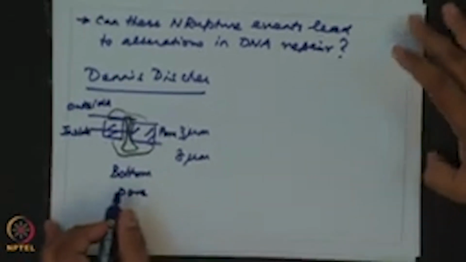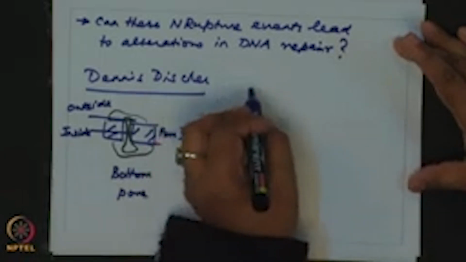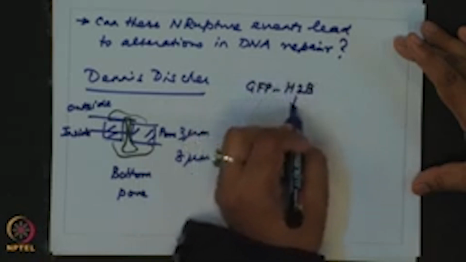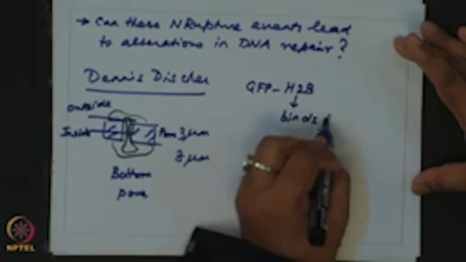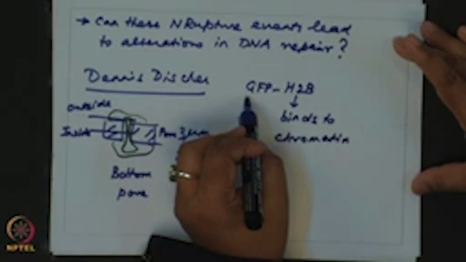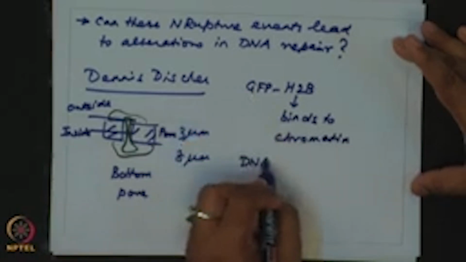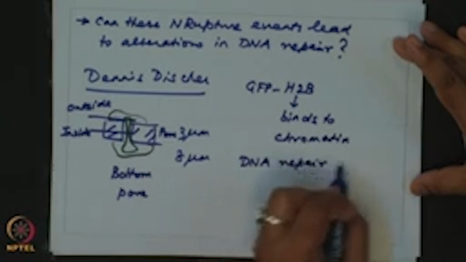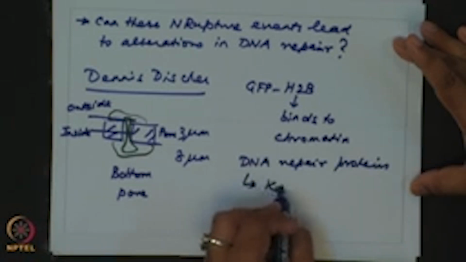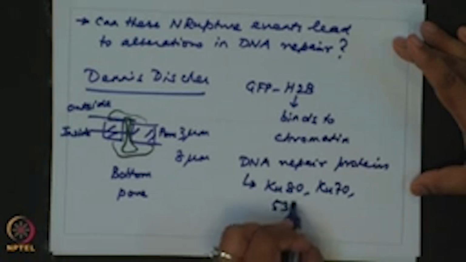Okay. So, what they did was they transfected cells with a multitude of proteins. So, they had GFP-H2B. This binds to chromatin. Okay. So, cells were transfected with this, but importantly other DNA repair proteins, including Ku80, Ku70, 53BP1.